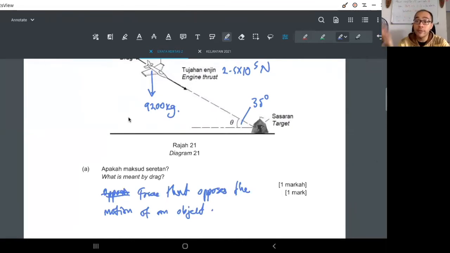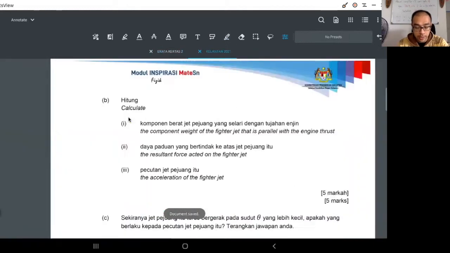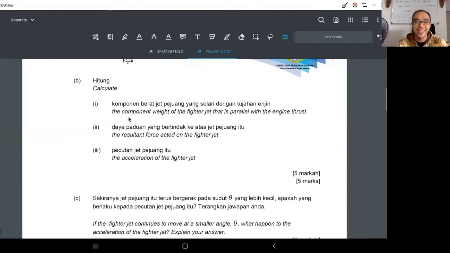Same like frictional force, it's also a force that opposes the motion of an object. All right. Then only you come to this question. Calculate the component weight of the fighter jet that is parallel with the engine thrust. Okay, so let's take a look at this.